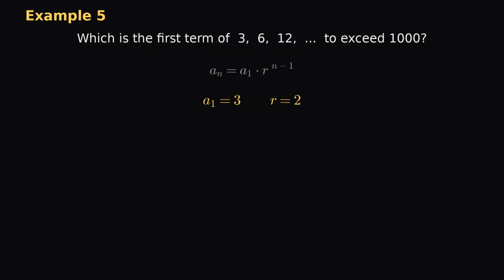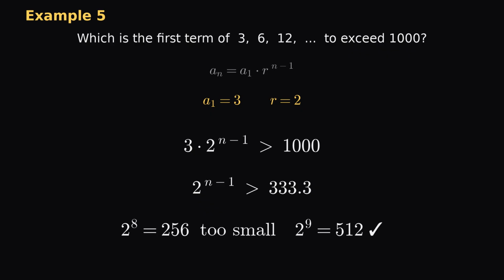Last one. Which term of 3, 6, 12, and so on is the first to go above 1,000? We need 3 times 2 to the n minus 1 to be greater than 1,000. Divide both sides by 3. 2 to the n minus 1 has to be greater than 333.3.